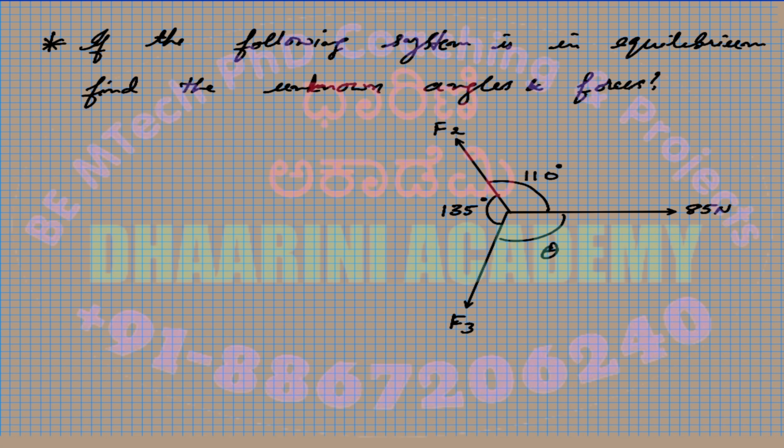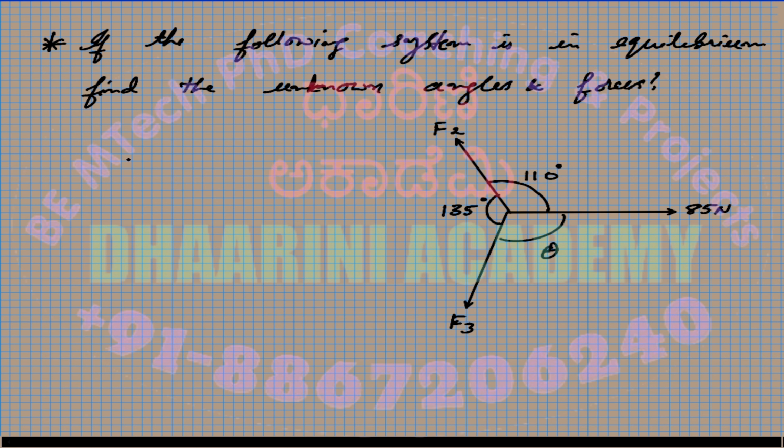Whenever they say the system is under equilibrium, we know that we can directly apply Lami's theorem. Let's apply Lami's theorem. According to this, 85 Newton divided by the sine of the opposite angle, that is 135 degrees, should be equal to F2 divided by sine theta.